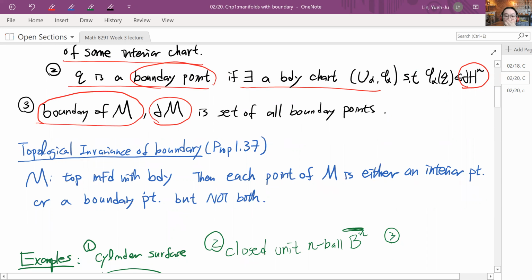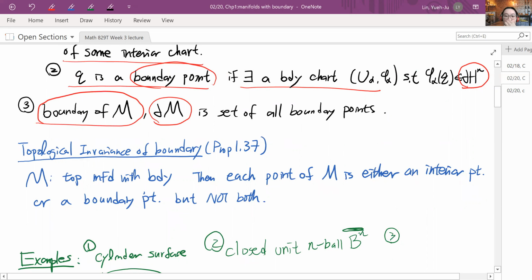Whereas if you are considering the boundary of your manifold, then the boundary should be closed. You can use the example I just mentioned to cook up an example here. And the boundary is going to be one dimension lower, so it's going to be an n-1 dimensional manifold.